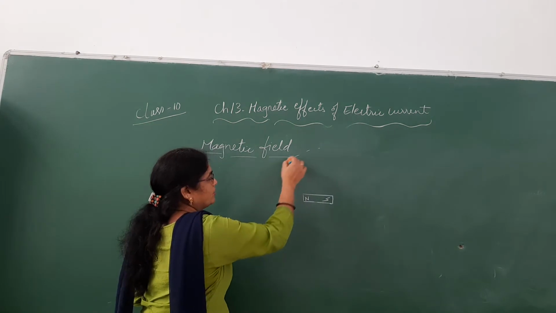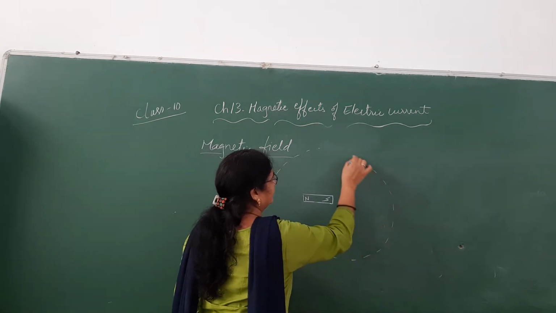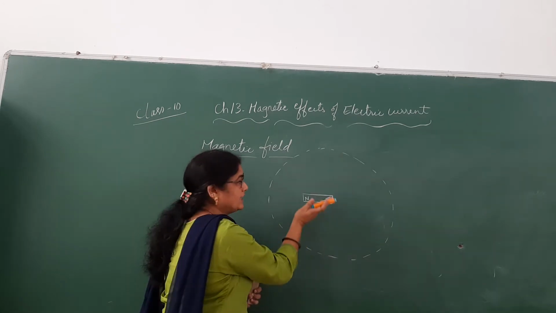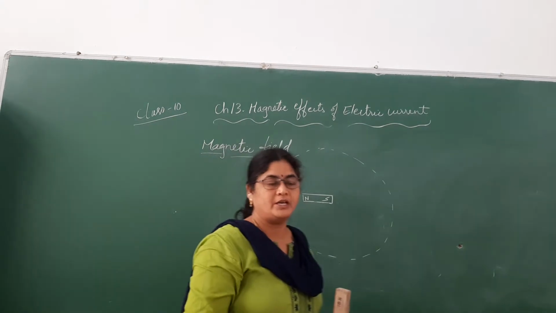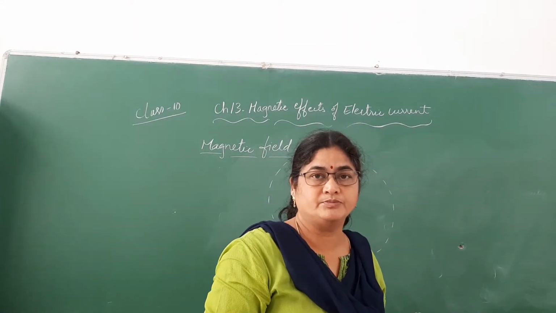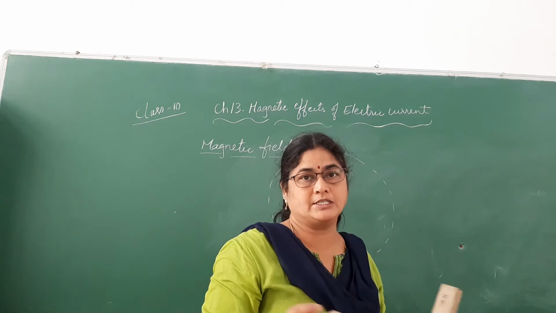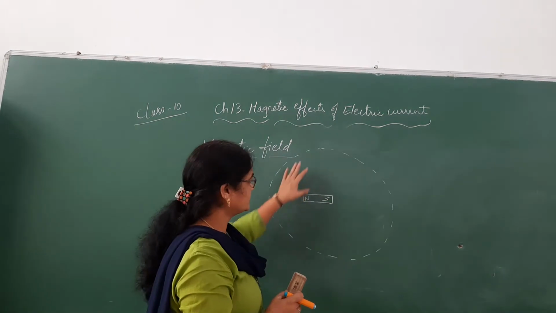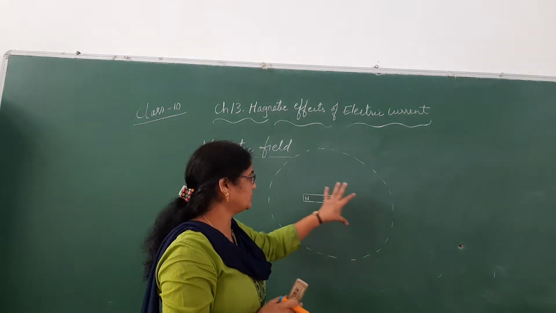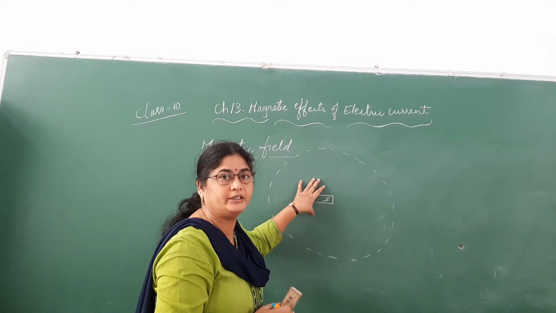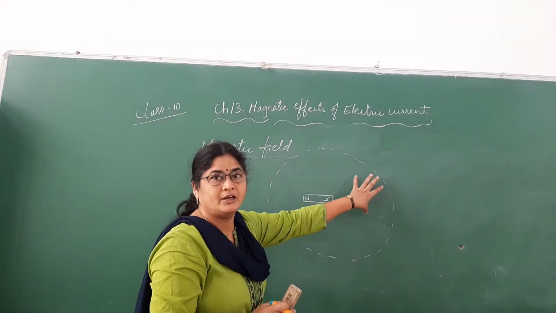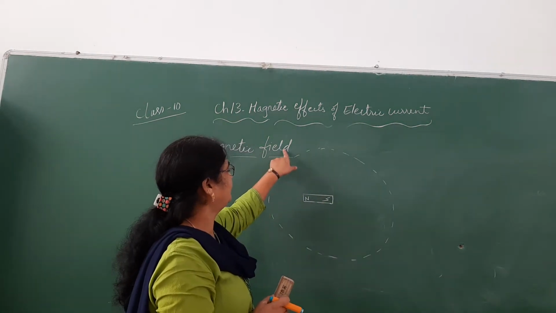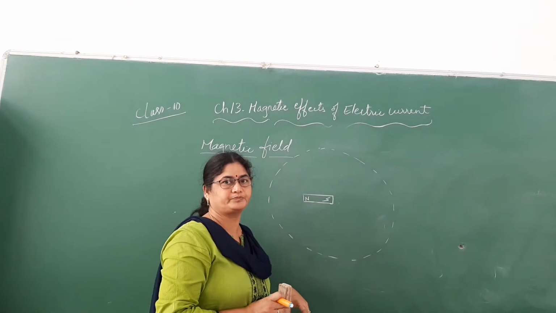The space around this bar magnet, up to which its effect can be detected, its effect can be felt, that space is called the magnetic field of this bar magnet.